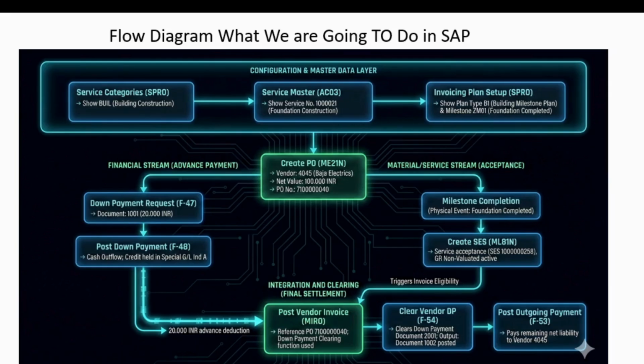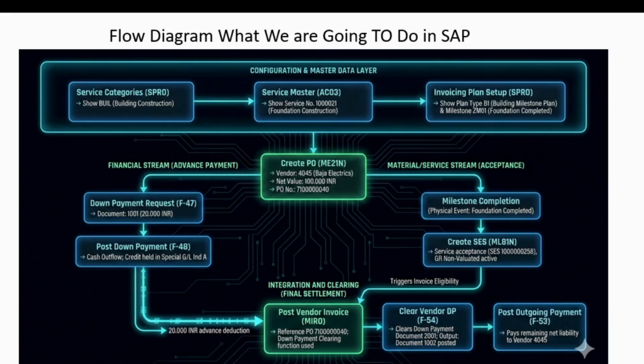So imagine a company like Vishal Shipping Limited, VISH is the company code. It makes a contract with Bajaj Electrics, who is a vendor. Vendor code is 405, for a full building construction project, let's say valued at rupees 1 lakh.